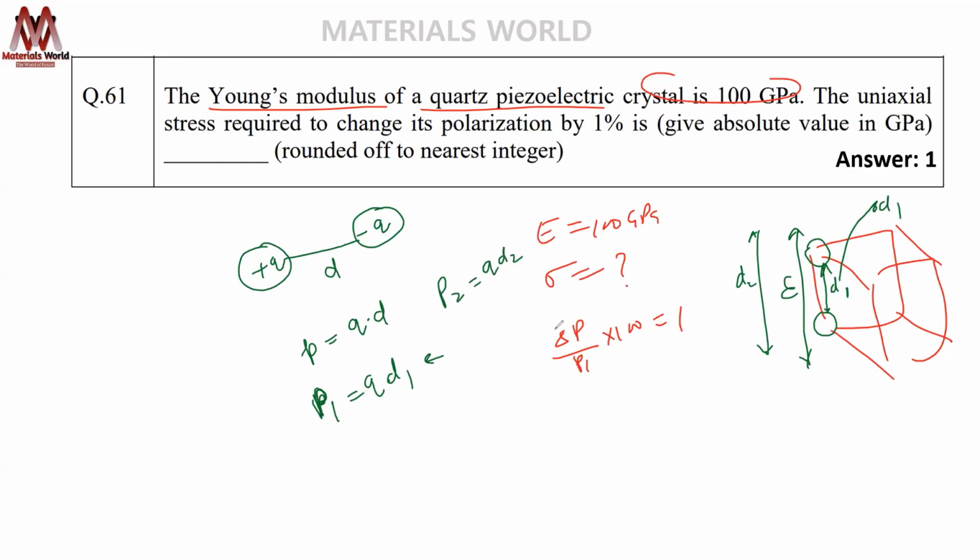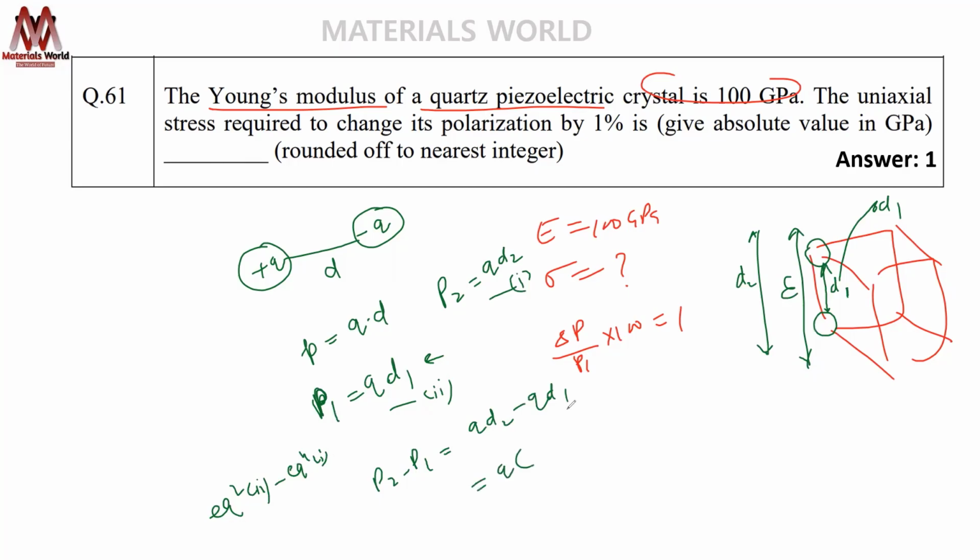Now, simply I want delta P by P1, right? So I can subtract these two equations. This is equation 1 and this is equation 2. I can subtract P2 minus P1, that means equation 2 minus equation 1. P2 minus P1 is nothing but QD2 minus QD1.